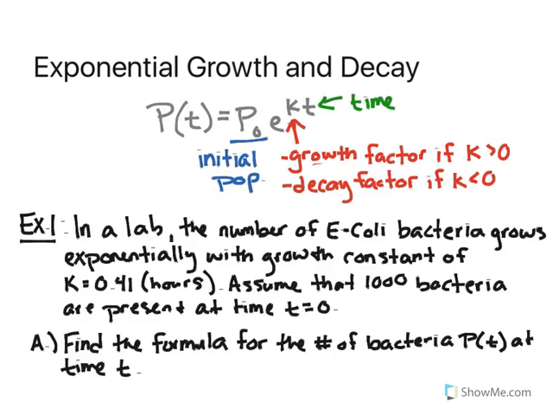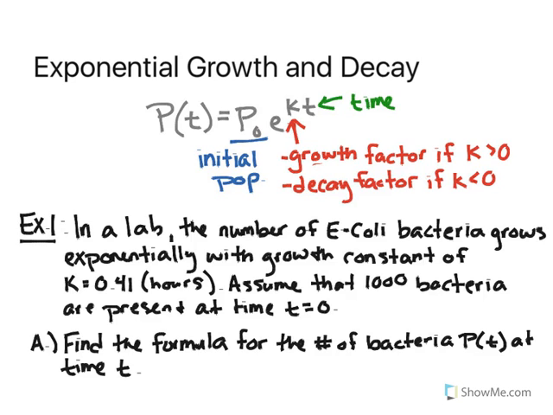So our first example is going to be a word problem, and it says in a lab, the number of E. coli bacteria grows exponentially with the growth constant of k equals 0.41, and we're going to be in time of hours. Assume that 1,000 bacteria are present at time t equals 0.